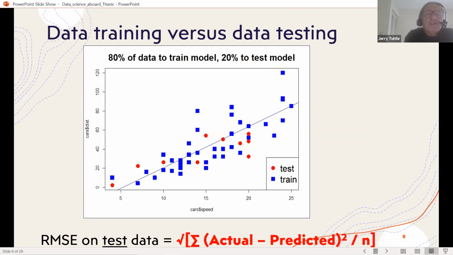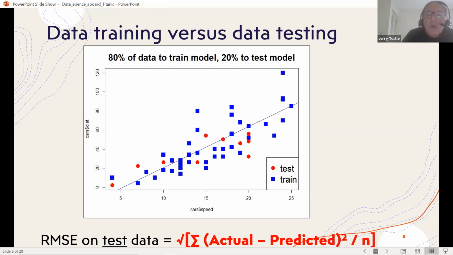One of the things that's always done in data science is you don't use all your data. You randomly select, say, 80% of it to train your model, and then 20% of it to test it. So here, this is not the Titanic data, but I've randomly taken 80% of the data, which I'm calling the blue squares, and I'm fitting a regression line to the training data.